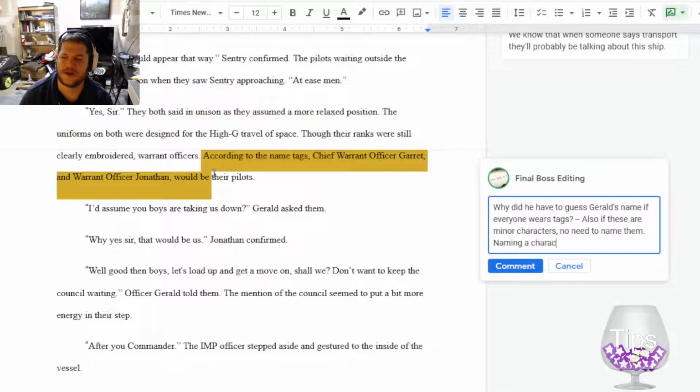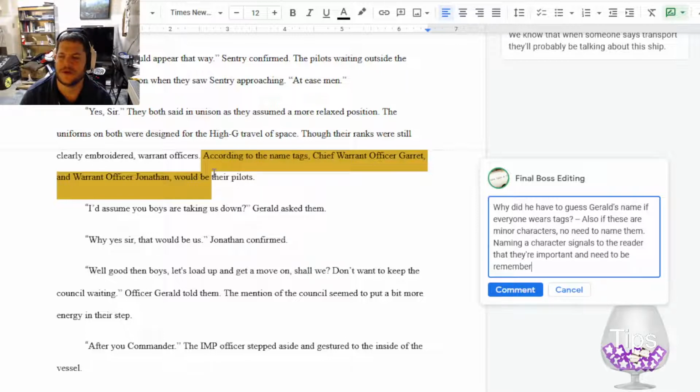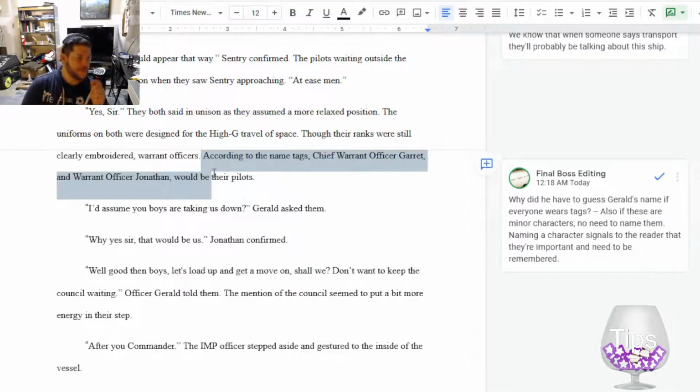Naming a character signals to the reader that they're important and need to be remembered. So be really, really thoughtful before you name a character.